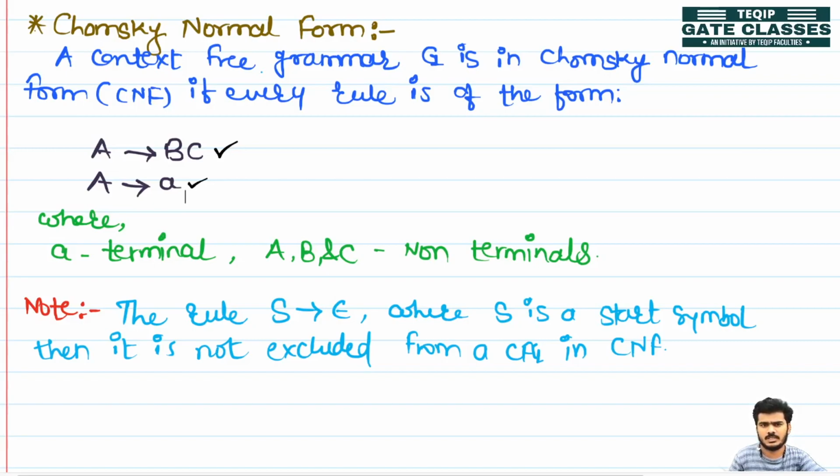Otherwise, even if we get a single production which is not in this form, suppose we get a production like A produces small a and capital B, then we can say that this production is not in CNF form.